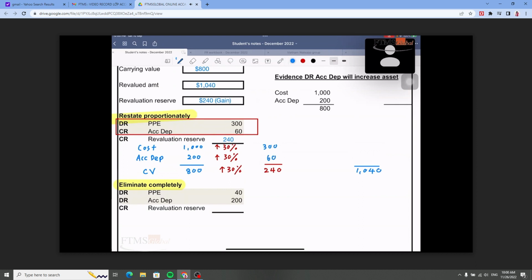So of course, if I want to increase my cost, my double entry must be debit PPE. If I want to increase my accumulated depreciation, my double entry must be credit accumulated depreciation. Okay, then that's how I get this number. Hopefully, you know how to get this number now.